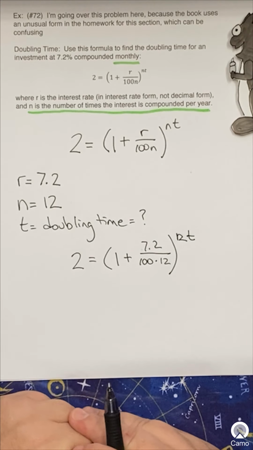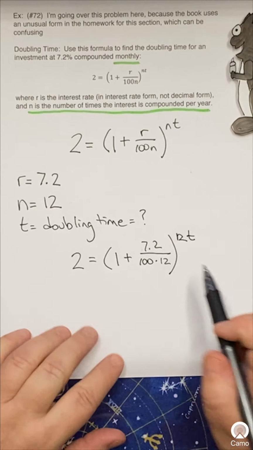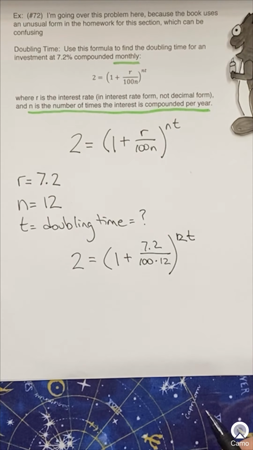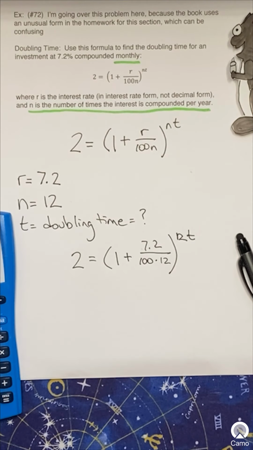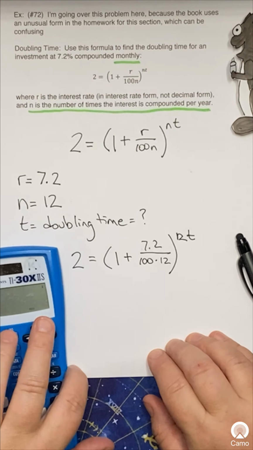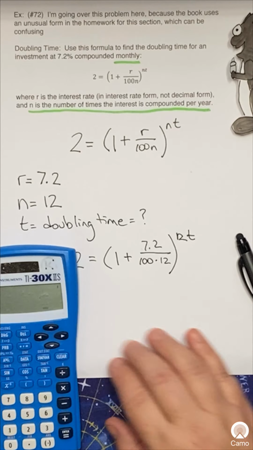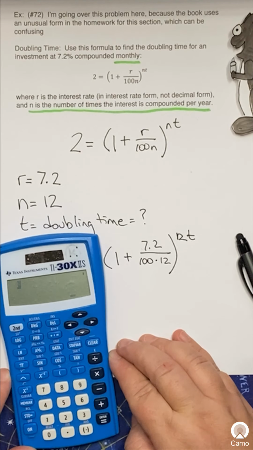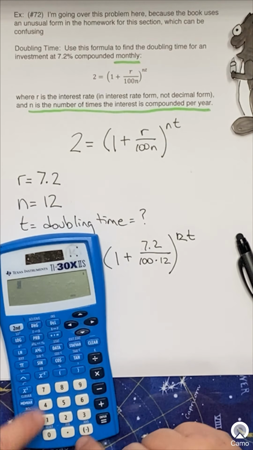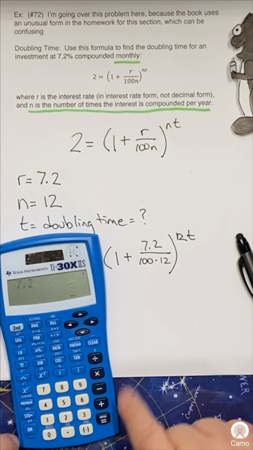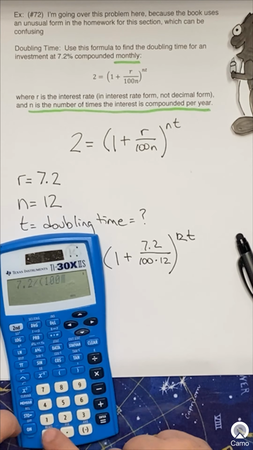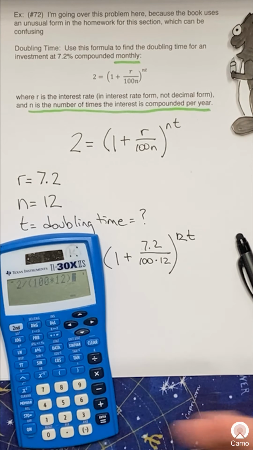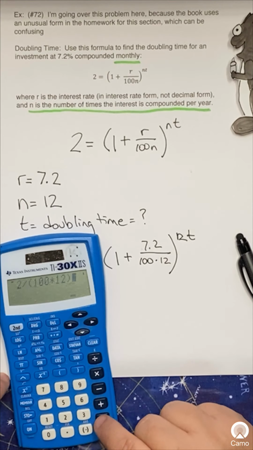So a couple things we can do. You don't have to, but you can simplify this inside. And here's the thing, remember, never round in the middle of a problem. But if you can work something out exactly, then that's totally fine. If I do 7.2 divided by, and I'm going to use parentheses because there are two things in the denominator, 100 times 12, I could have also written 1200 if I wanted.